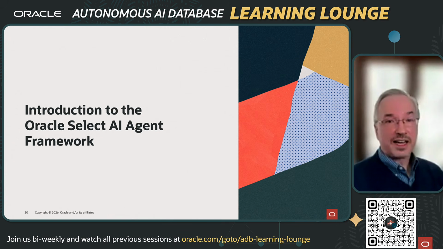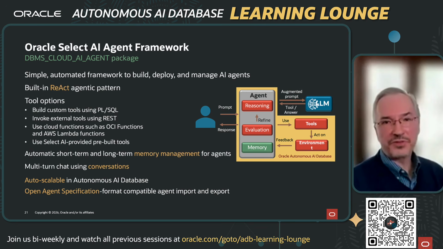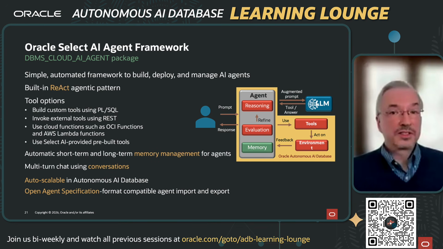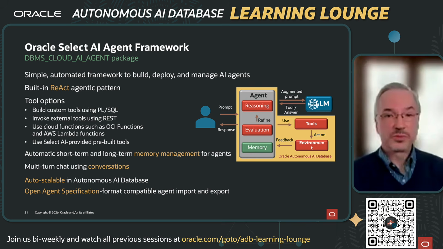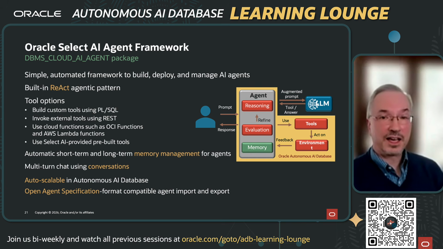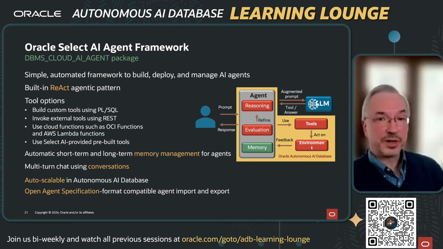at the Select AI agent framework. Now, this framework allows you to build, deploy, and manage agents with support for the ReAct agentic pattern. While the DBMS_CLOUD_AI package supports the Select AI functionality, an additional package, DBMS_CLOUD_AI_AGENT, supports this framework.